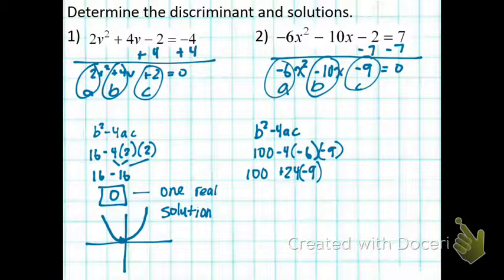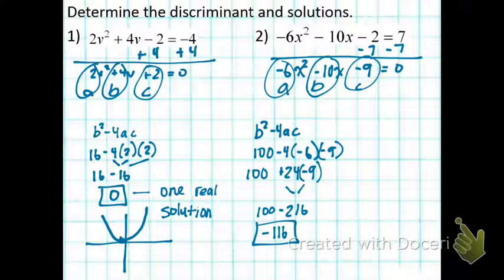Okay, bring the rest of the problem down. And then 24 times negative 9 is negative 216. And then we solve that: 100 minus 216 is negative 116. Okay, this is the discriminant amount.